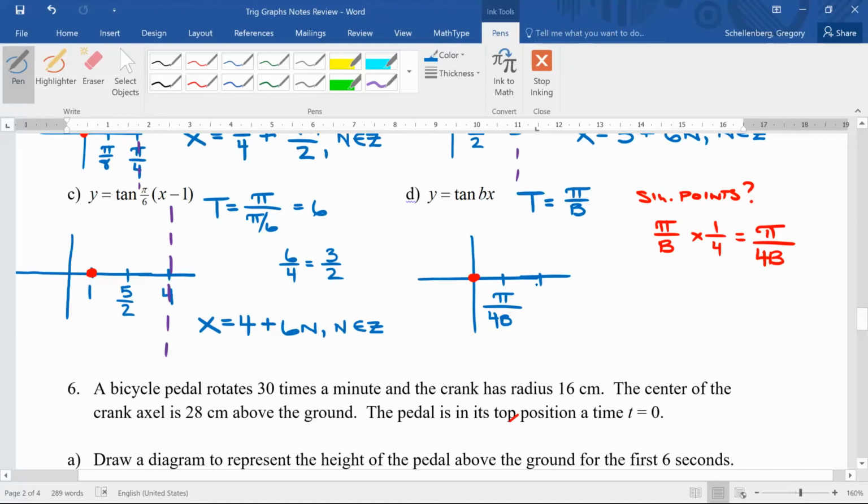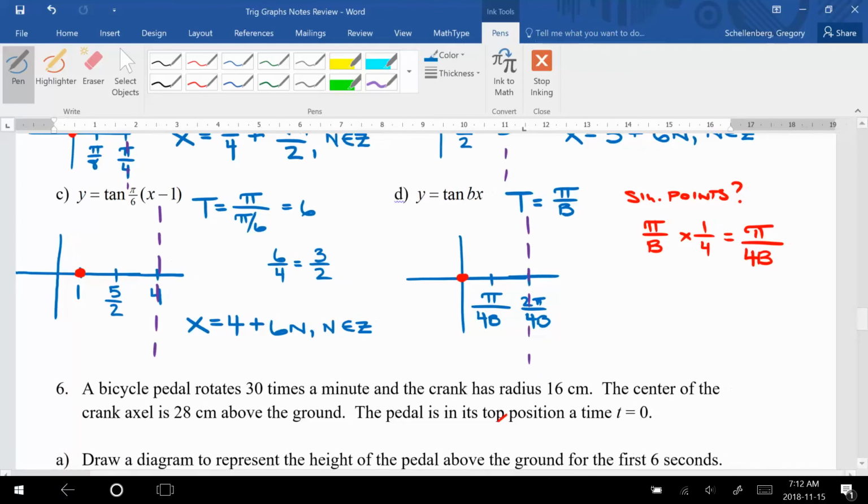And if we add pi over 4b to that, we get 2 pi over 4b, which is really pi over 2b. And so that's where our first vertical asymptote will occur. And based off of that, we can come up with our equation.